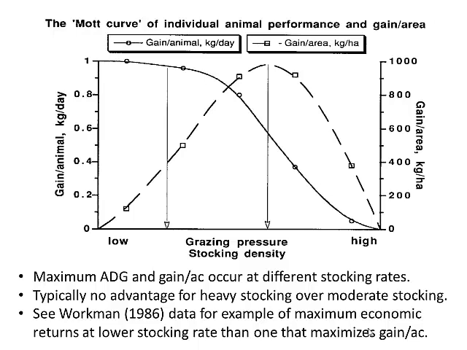So you can see as we add animals, we're going to build gain per acre to some sort of peak, and then it drops off, because beyond that, we're just carrying more and more animals that are closer and closer to maintenance, so there's no net gain per acre. The point of the graph is, if you want to maximize individual animal performance, it happens at a lower stocking rate than maximizing gain per acre.